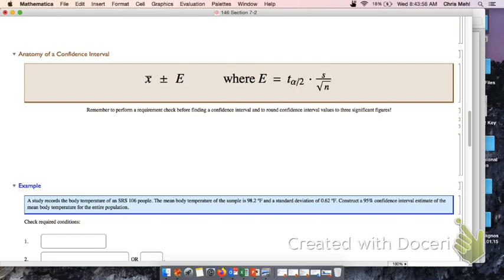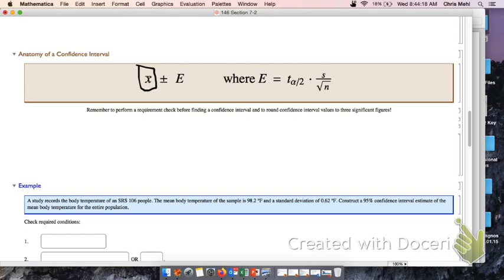So given sample data, taking a sample, and in that sample, given a sample mean and sample standard deviation, what we do is we take the mean x bar, and that would be our single best point estimate for the corresponding population mean which we are estimating.